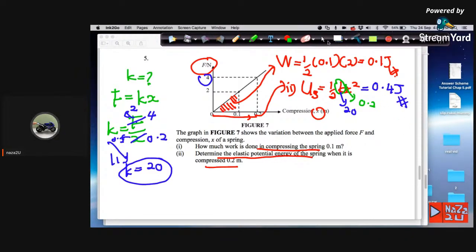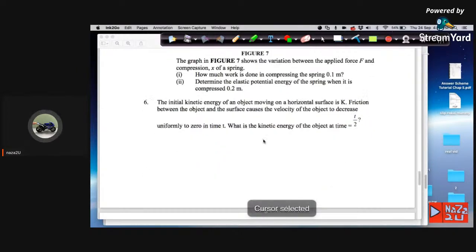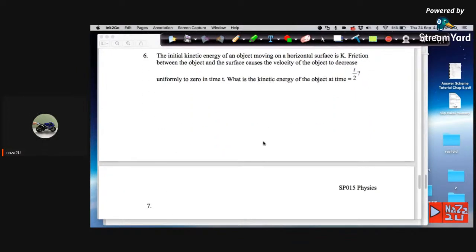Okay, class, this is number 5. Continue to number 6. Number 6 has no figure, it is just a statement. The initial kinetic energy K of an object moving on a horizontal surface.